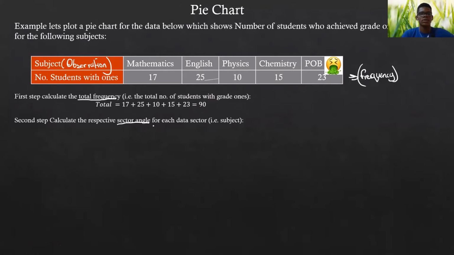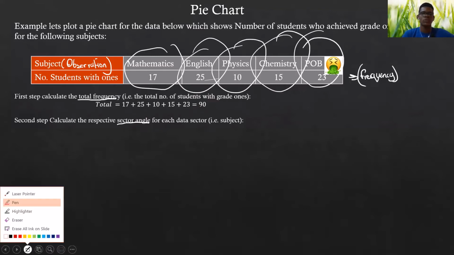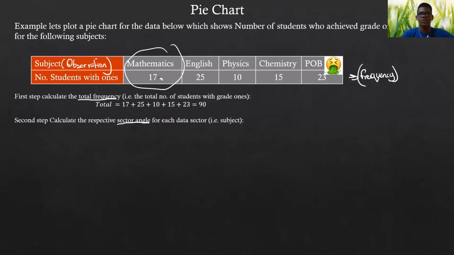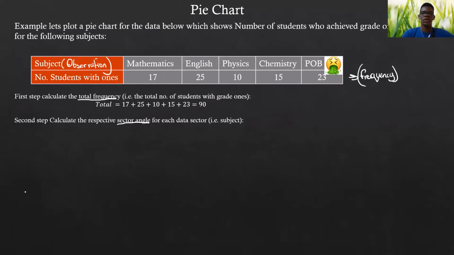Each subject will have a sector angle, and that's what we use to slice and dice our circle. The angles are what we'll use. So we've got to calculate the sector angle for each subject.